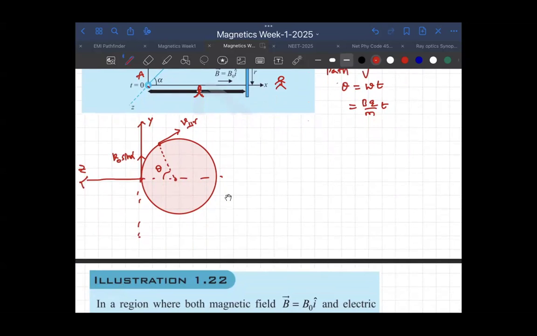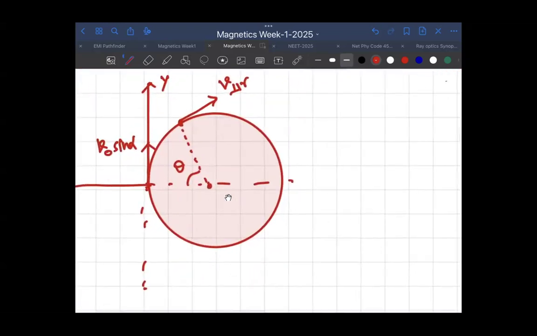You need to project r on my circle. Correct or not? Which means from the screen, I use a different line for this. Let this distance be r. Agreed or not? This is r. Can you please help me in writing r properly?